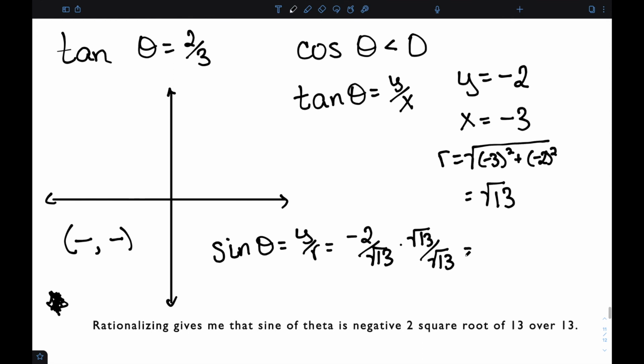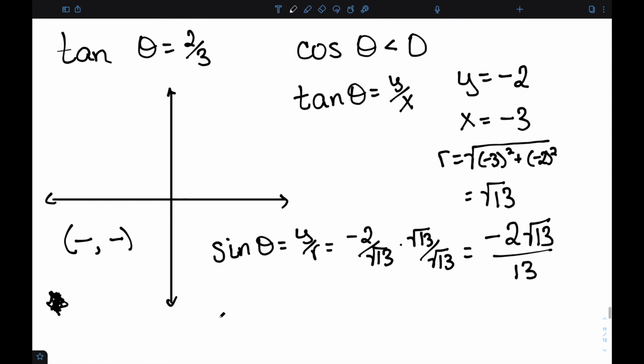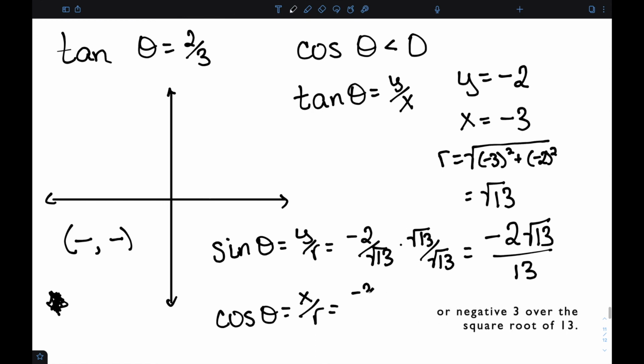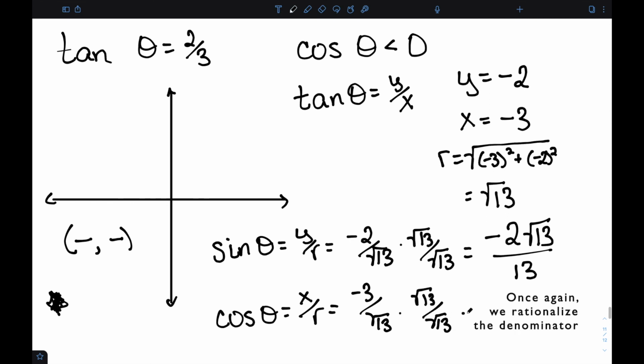Rationalizing gives me that sine of theta is -2 square root of 13 over 13. Cosine of theta is equal to x/r, or -3 over the square root of 13. Once again, we rationalize the denominator to get negative 3 square root of 13 over 13.